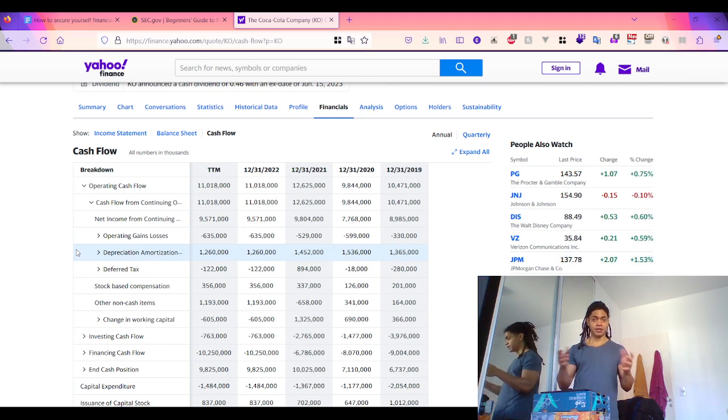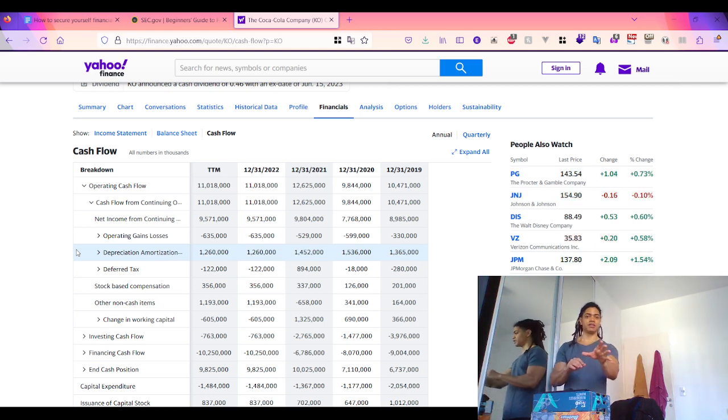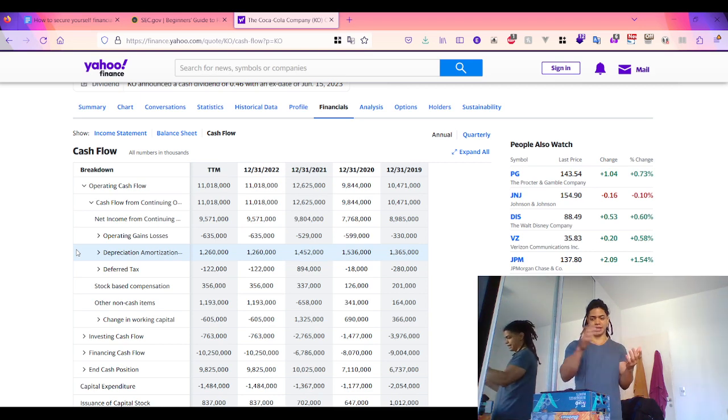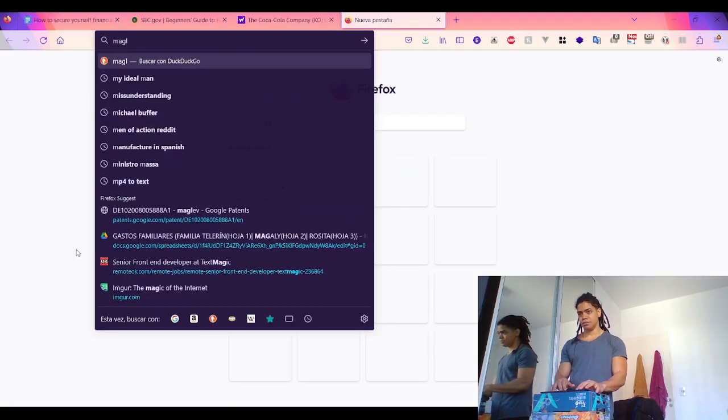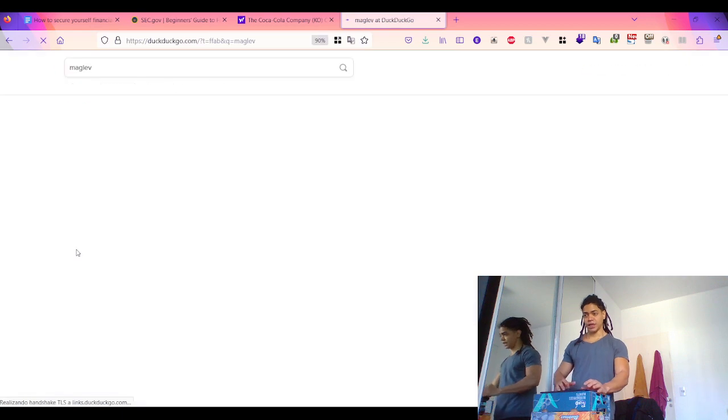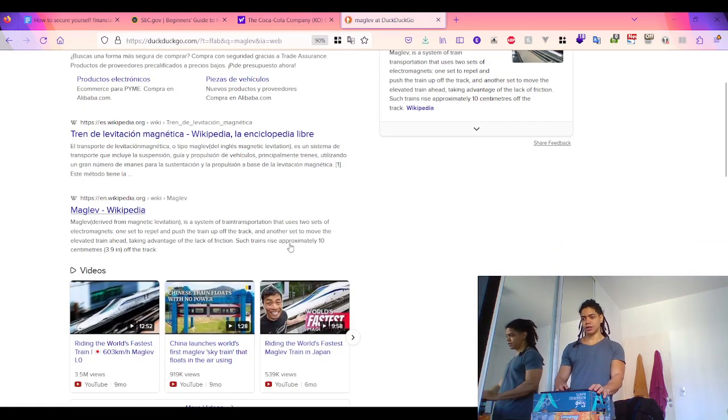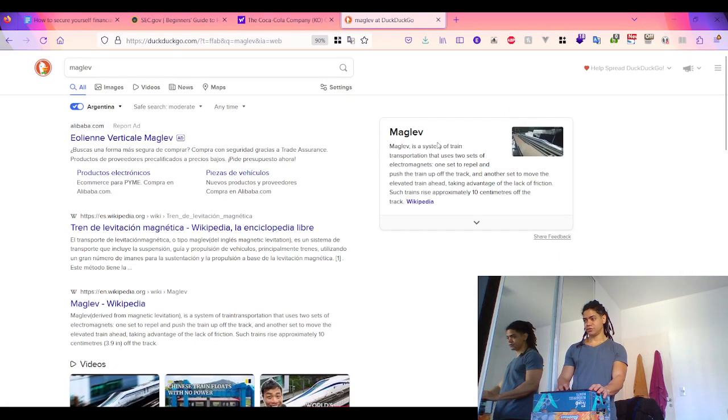Maglev, okay, this electromagnetic inductive system for stabilization and suspension for ground vehicles, right? So, for example, the maglev train is a system of train transportation that uses two sets of electromagnets, right?